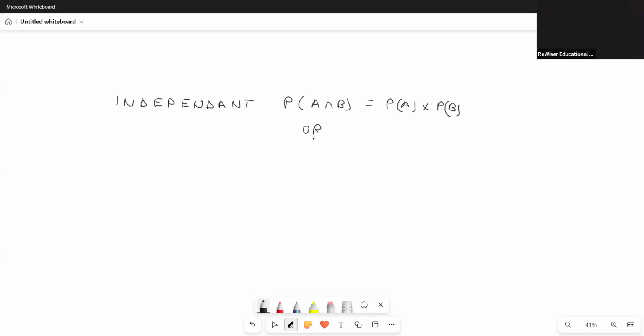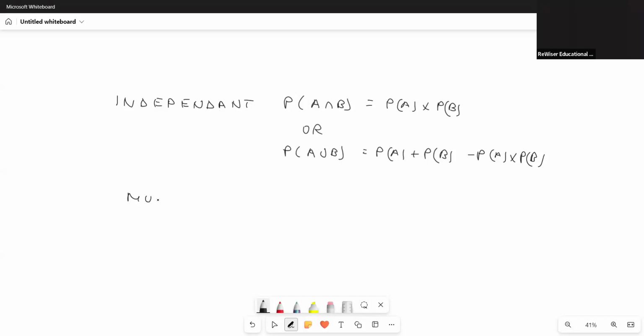Or we can also say that P of A union B is equal to PA plus PB minus PA into PB if the events are independent.